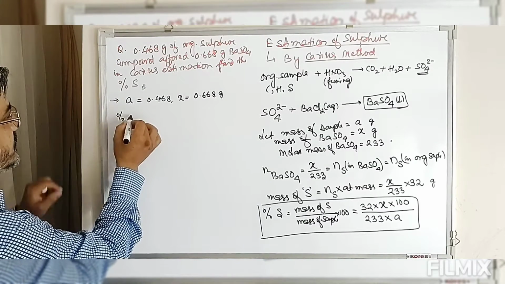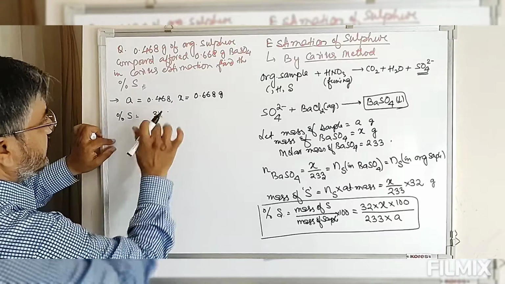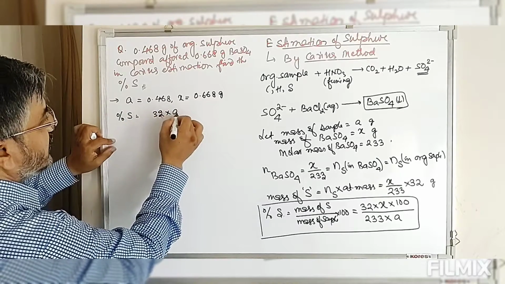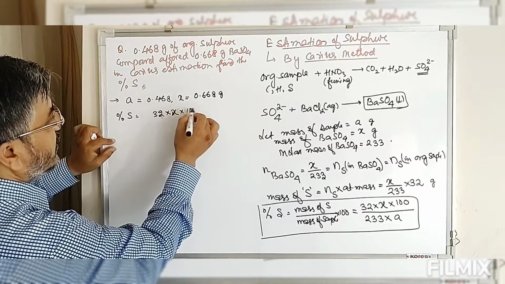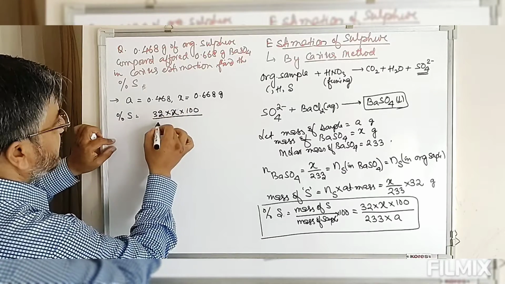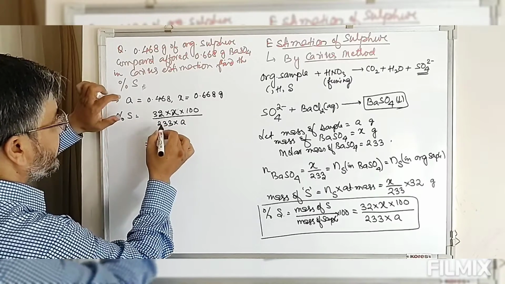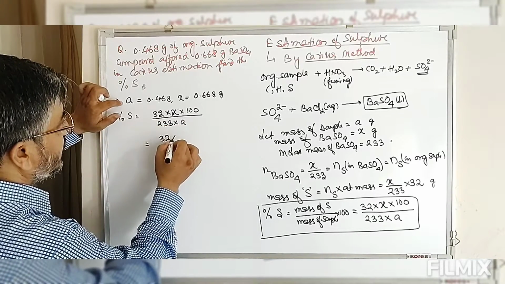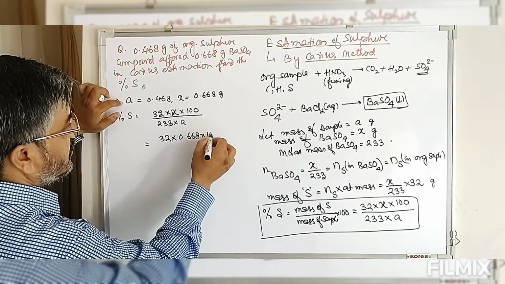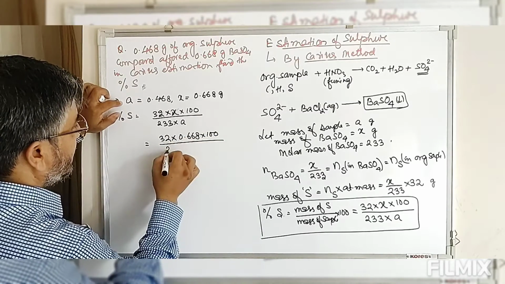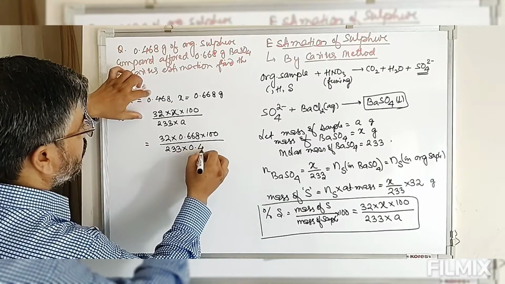Therefore the percentage of sulfur is equal to, we have this formula, 32 into x into 100 divided by 233 into a. So we have this value, 32 into x, where x is 0.668, into 100 divided by 233 into a, where a is given as 0.468.